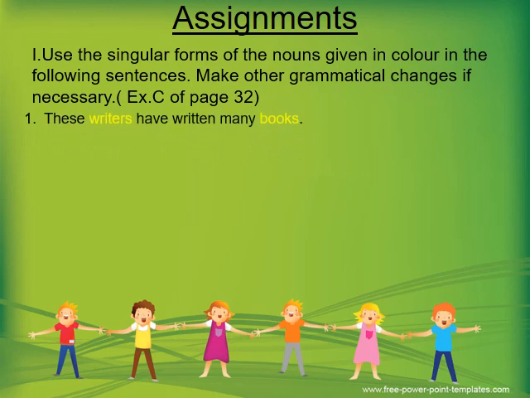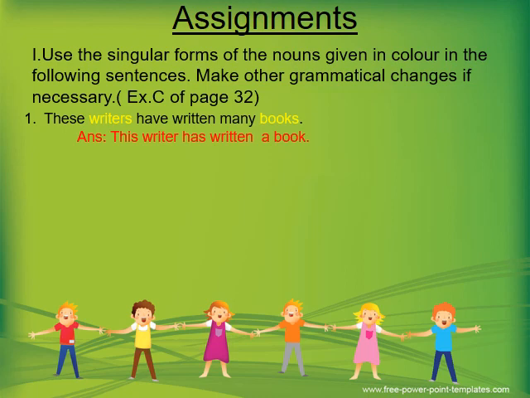These writers have written many books. So children, in this sentence, writers and books are the plural nouns. So you have to change them to the singular form. So what is the singular noun for writers? It is writer. And what is the singular noun for books? It is book. So how you will write this sentence?